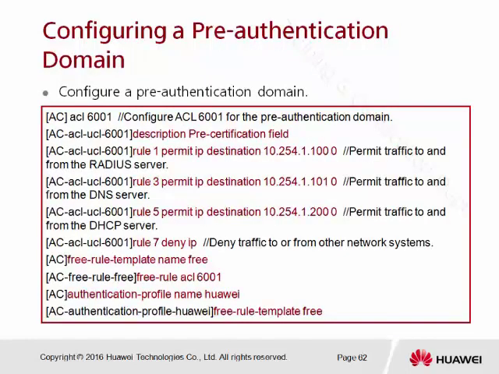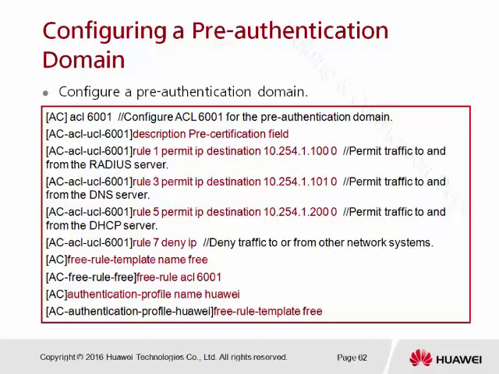So this is to configure the pre-authentication domain. As you can see, they create the same ACL as the previous one, what we did before. So configure the rules 1, 3, 5, 7. The first 1, 3, and 5 are permit. So for all those destinations going to 10.254.1.100, .101 or .200 is allowed.